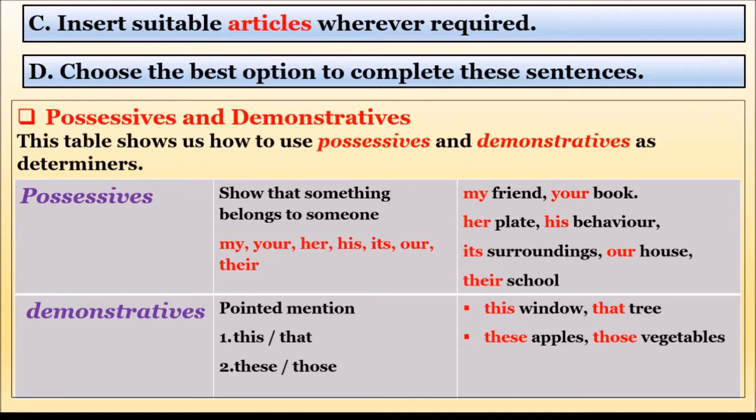Demonstrative adjectives is the name used in traditional grammar. Here, when you are talking about determiners, let us call it demonstrative determiners. The words used in demonstrative determiners are this, that, these, and those. These four are the demonstrative determiners.